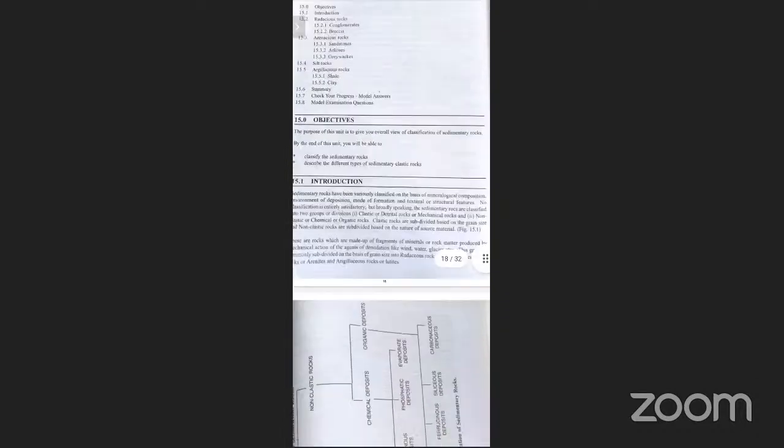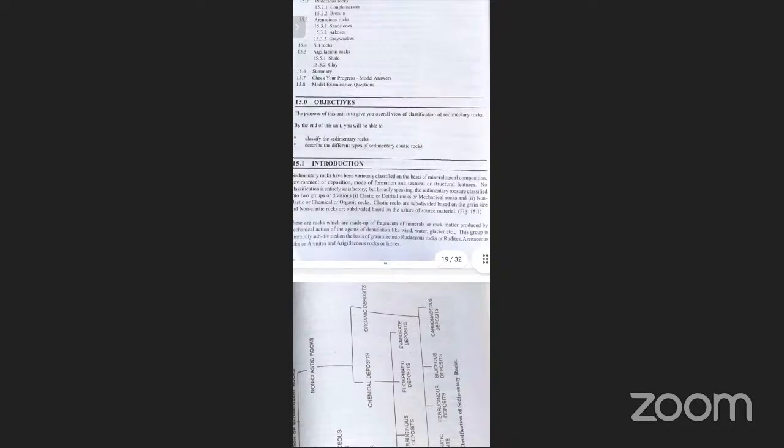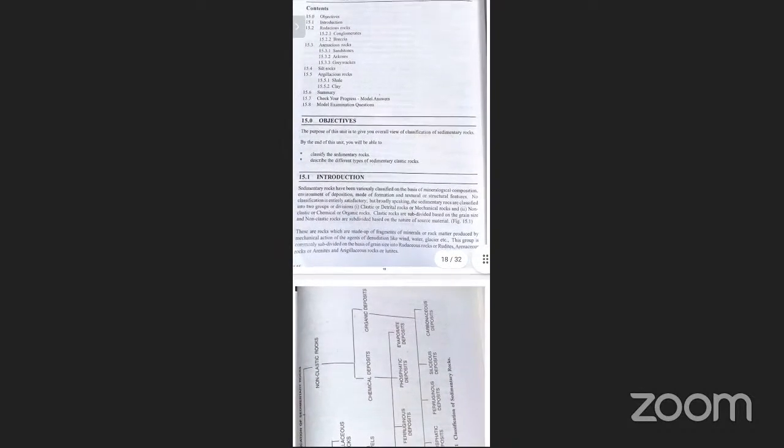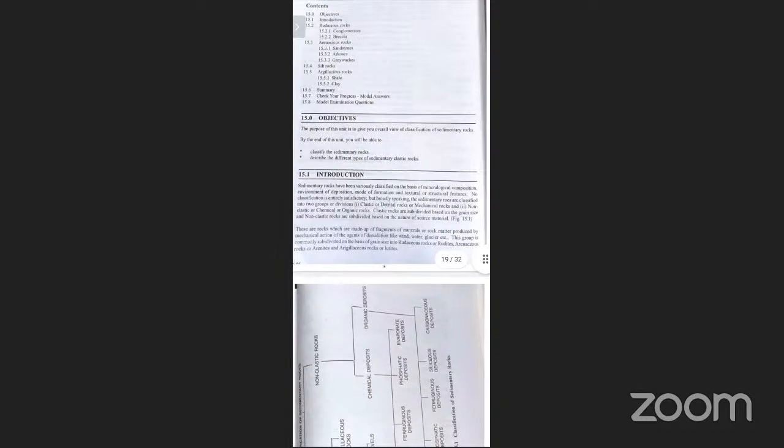The classification of sedimentary rocks. We see here a classification of sedimentary rocks based on their formation. They are classified into clastic and non-clastic, as per deposition in a particular environment, the availability of grain sizes, and the availability of chemical and organic rocks.